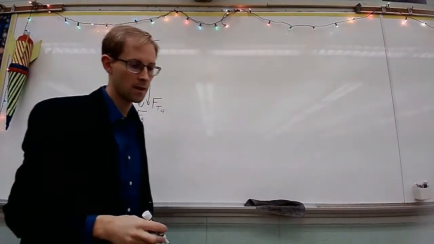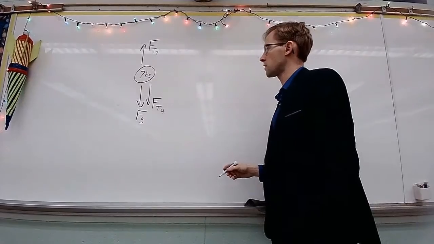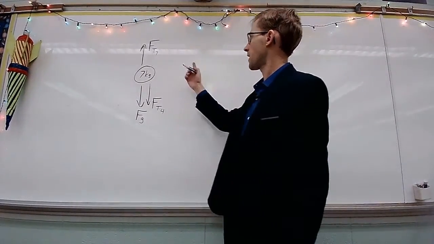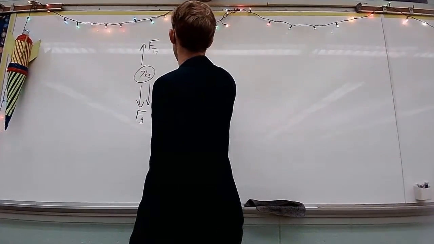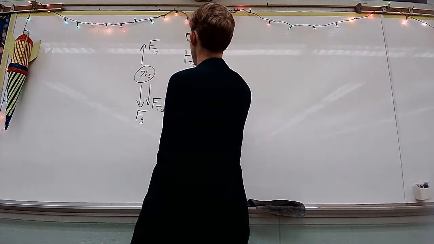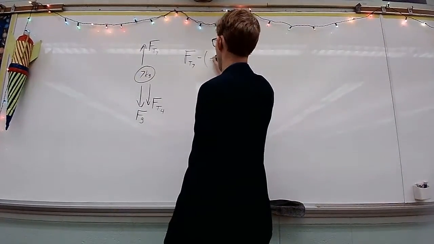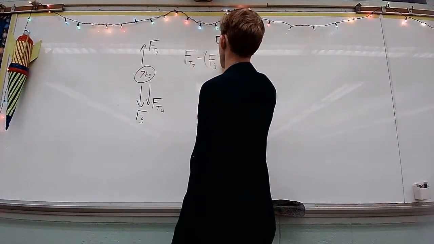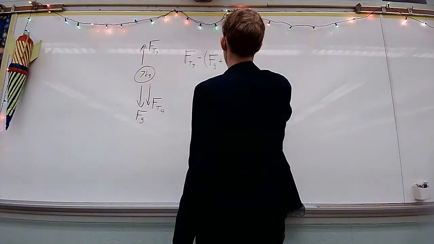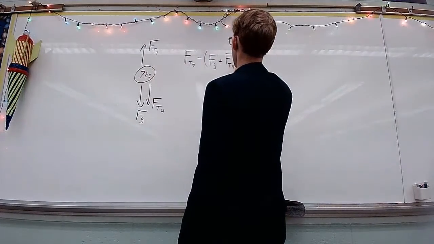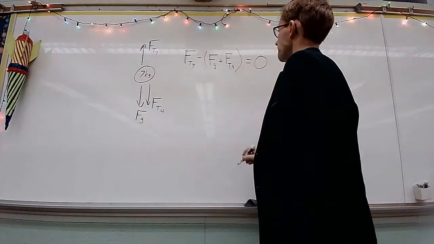Might as well. So if I wanted to then create a force equation for this, I've got tension going up, holding the 7 kilogram mass there, minus the 2 forces going down, force of gravity and the tension from the 4 kilogram mass. And that's all equal to 0.